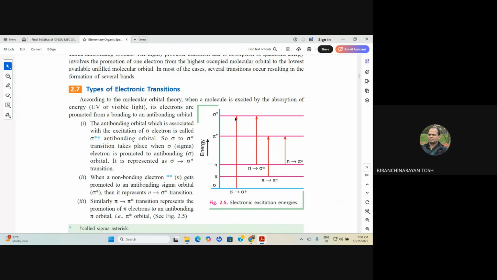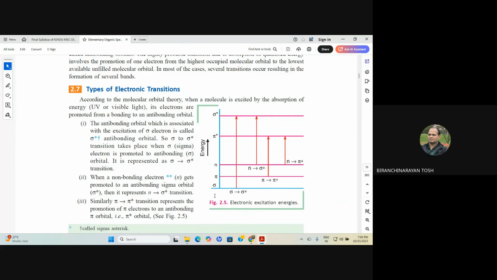And if you recall the energy level diagram of the hydrogen molecule, lithium molecule, nitrogen molecule, oxygen molecule, we have seen this energy level. Sigma first, then pi, then if non-bonding is there, that will be in between, then pi star, that means pi antibonding, will have higher energy, and sigma antibonding will have still higher energy.